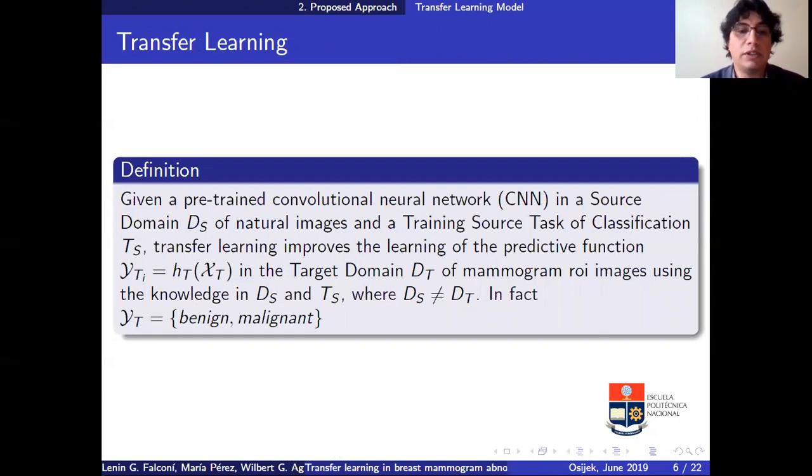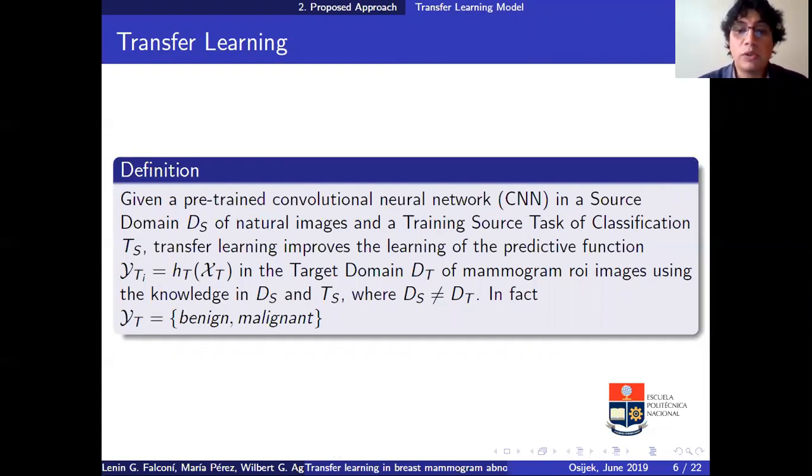We can give a definition. This is basically the definition of transfer learning. Given a pre-trained convolutional neural network in a source domain of natural images, these are the images of ImageNet, for instance, and a training source task of classification. In the original papers like Alex Krizhevsky and Geoffrey Hinton, we know that they classify among 1,000 categories.